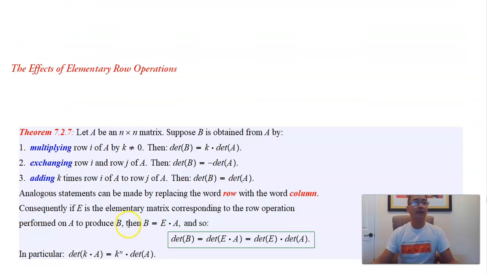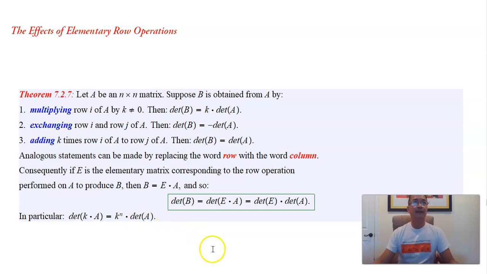Okay, so we can now move on to the effect of an elementary row operation on the determinant of a matrix. So here's the setup. Suppose you have A as an n by n matrix, and then you obtain B from A by performing one elementary row operation.